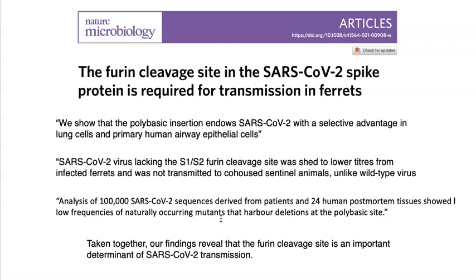So it's that important. It's a super important region of the genome and of the spike protein, and therefore the virus would not be motivated, evolutionarily speaking, to make changes to it. Taken together, our findings reveal that the Furin cleavage site is an important determinant of SARS-CoV-2 transmission.